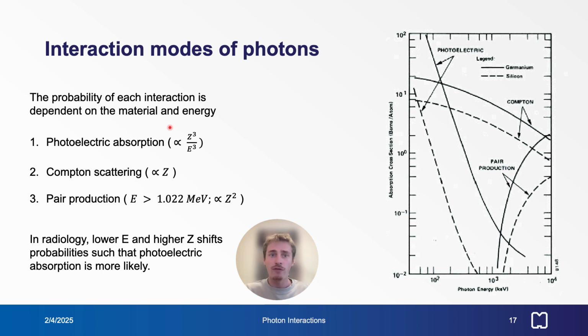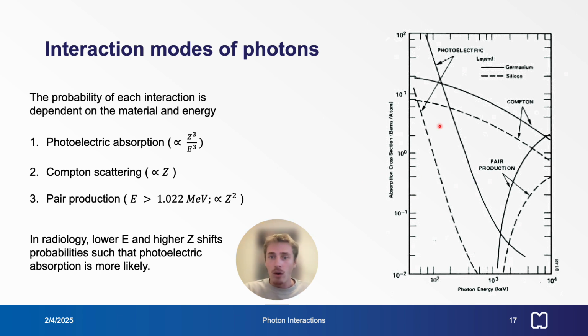Now, photoelectric absorption follows a cubic relationship with proton number and inversely with the energy of the incoming photon, whilst Compton scattering just has a linear relationship with proton number independent of energy, while pair production is proportional to the square of the atomic number, with this diagram essentially showing this for germanium and silicon.